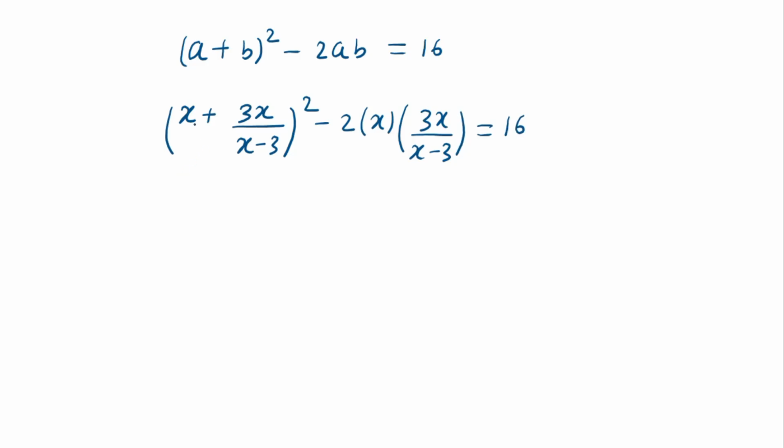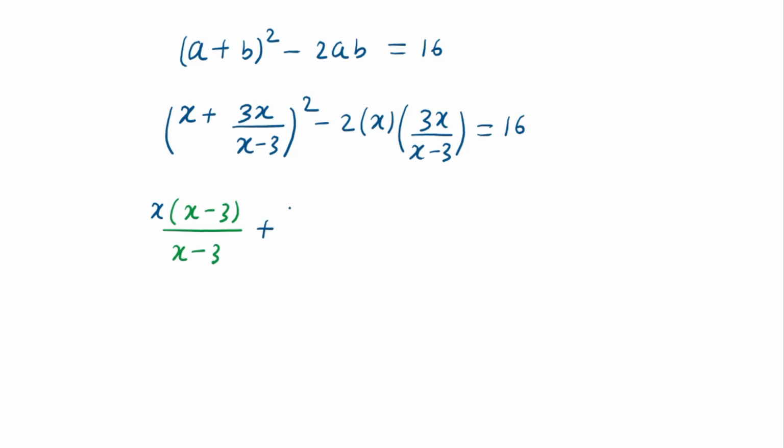Now here x, and here the denominator part is x − 3. So this x is multiplied by x − 3 and divided by x − 3.